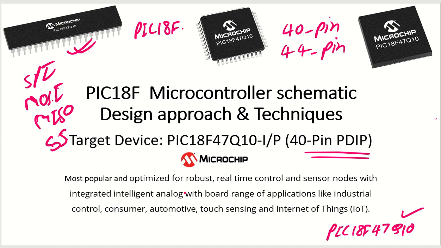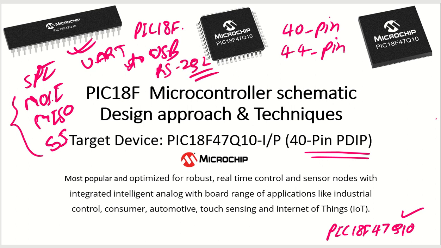So all these things we will try to understand in our next session. Similar to that, we'll also see UART connections, which I was telling you about, how to connect UART to USB, and UART to RS232 and all these things.